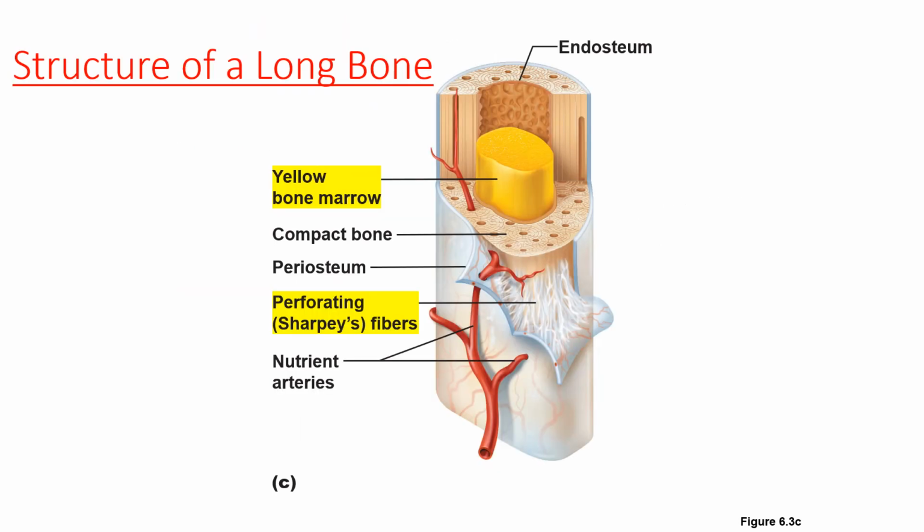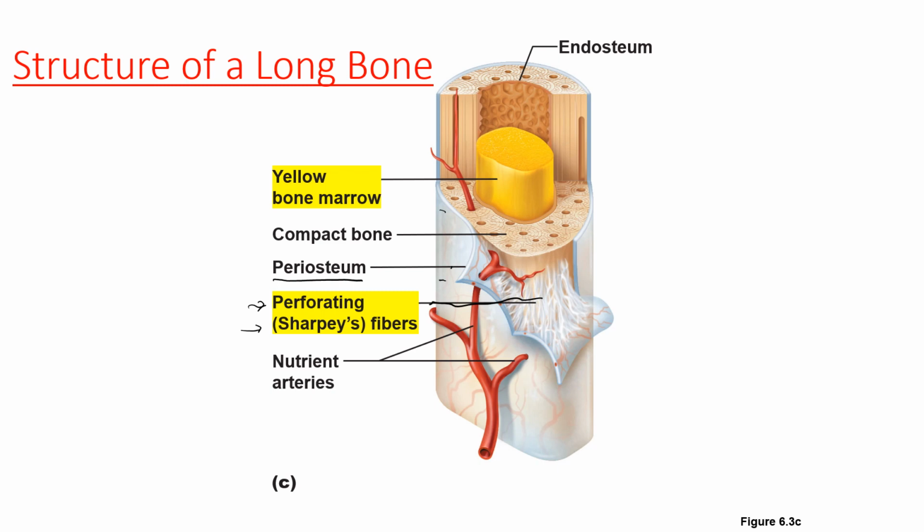There are two membranes that are found in bone tissue. The periosteum is a membrane that covers the outside of bone tissue. The periosteum is attached to bone by fibers called perforating or Sharpey's fibers.